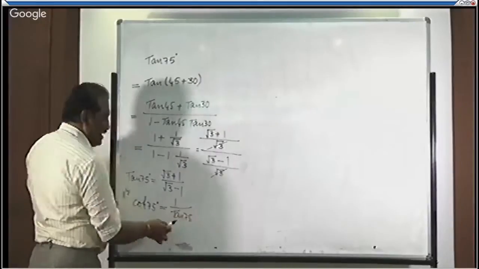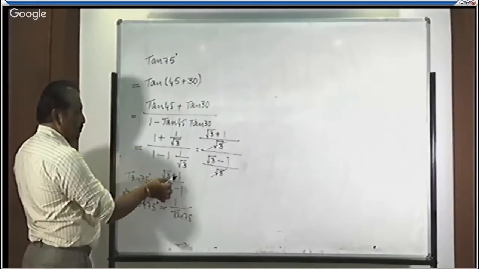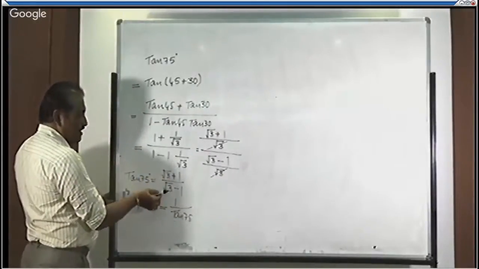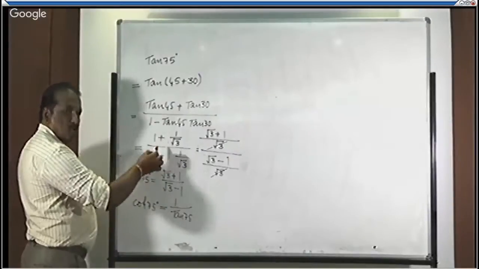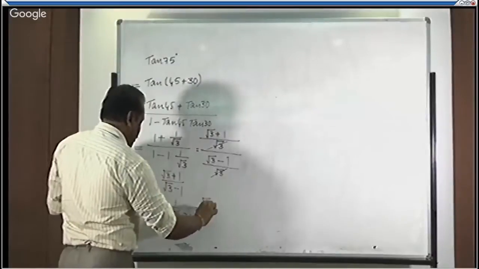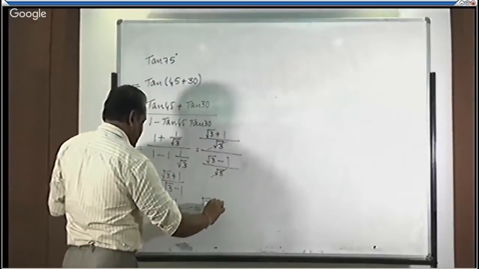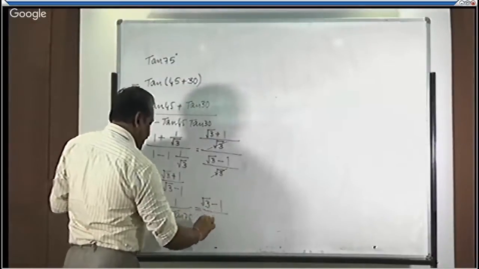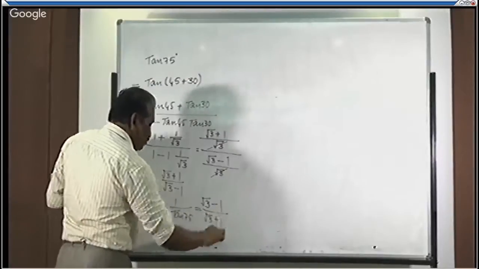So when we replace tan 75 degree with root 3 plus 1 divided by root 3 minus 1, the denominator goes to the numerator. You get the value of cot 75 degree as root 3 minus 1 divided by root 3 plus 1.